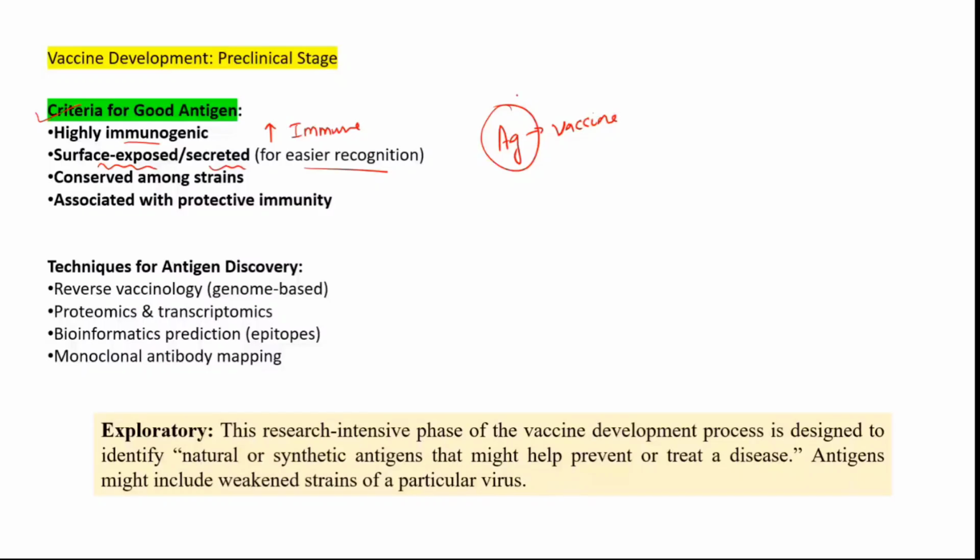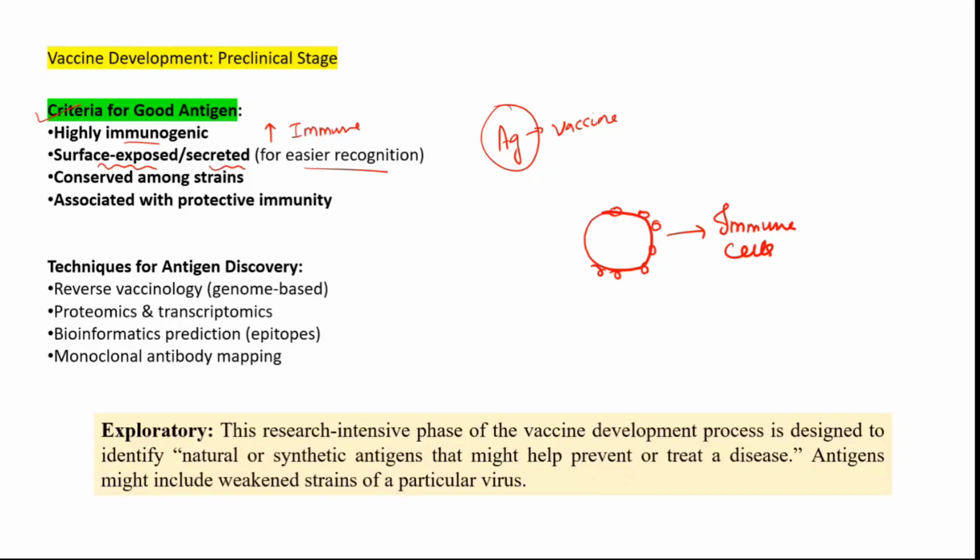Suppose it should have some chemical moieties on its surface, so that it will be recognized by our different immune cells. Because what antigens really do is play hide and seek in our body. They want to escape from our immune cells, because in our body we have blood all over, the circulatory system is going on continuously, and it circulates immune cells to each and every part of the body.